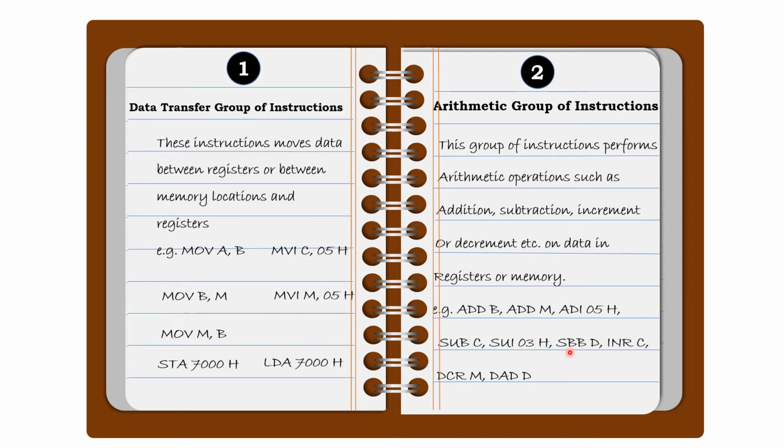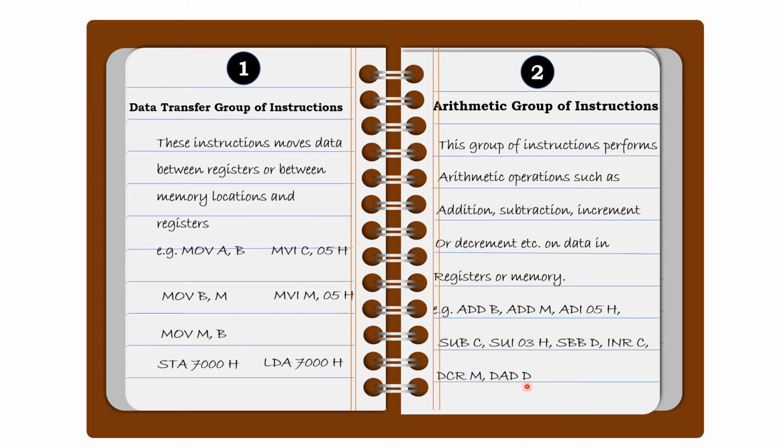SBB D is the next example they have given, that is subtract register D from the accumulator by considering the borrow. So here SBB means subtract with borrow. INR C means increment register C by 1 byte. So if C contains 08, then increment C will make C as 09. DCR M means decrement the memory content which is pointed by the HL pair by 1 byte.